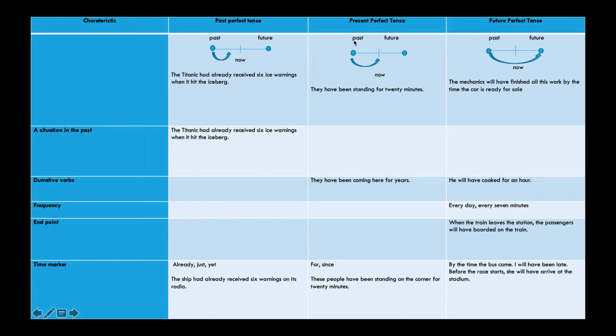And the present perfect tense is between the past and now. And the future perfect tense is between now and the future, so it's around here.